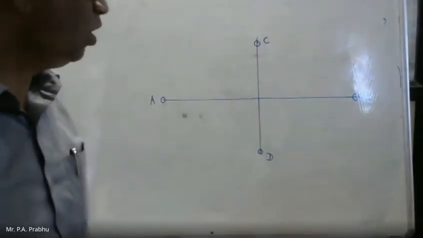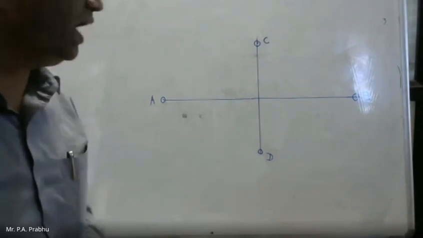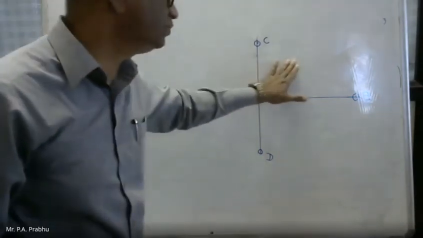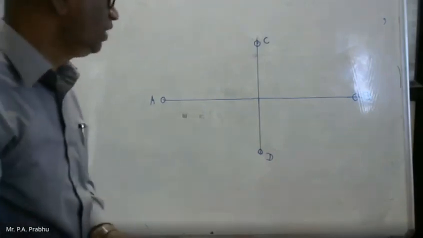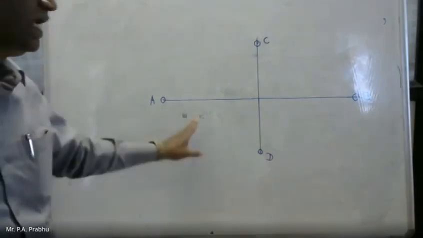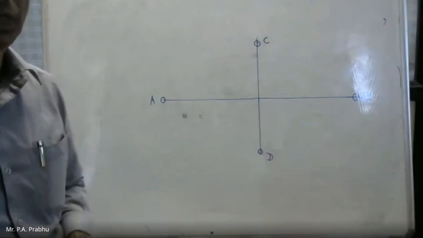Okay. Do all the work with a faint line. I am erasing some part to avoid confusion, but in your drawing, keep it with a faint line. So I mark the major axis, minor axis.